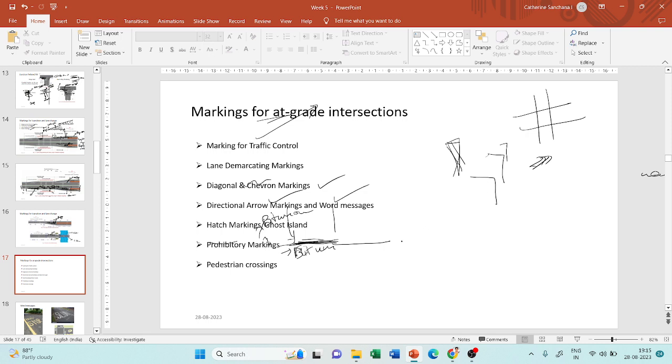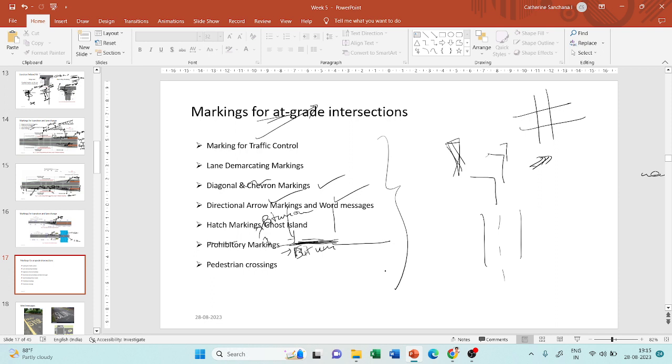You can have lane demarcating markings, because if you have two lanes, obviously you will have lane demarcation markings in between. So these are the possible markings. We are not going to discuss in detail regarding this, but maybe both in Sir's lectures and in IRC 35, they would have given you what are the possible markings that could come for different types of intersections.